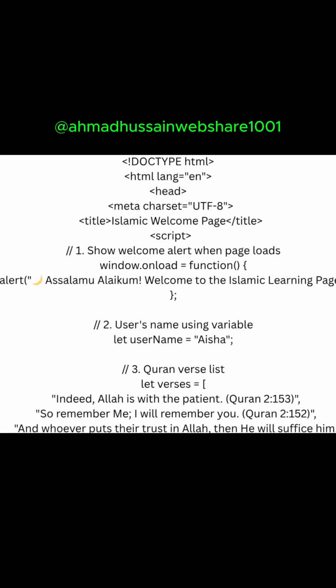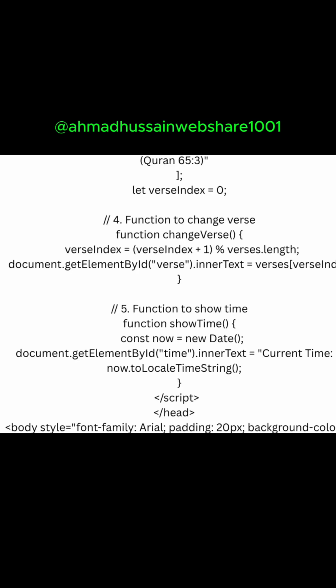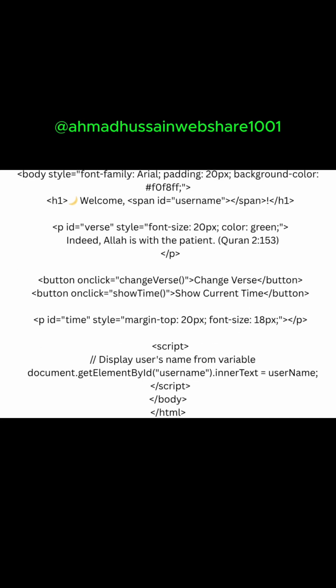When you run that page, it will show you the functions we discussed in our final project topics: an alert box that welcomes the user when the page loads, a button that changes the displayed Quran verses, a button that shows the current time, and fourth, displaying the username using the JavaScript variable.